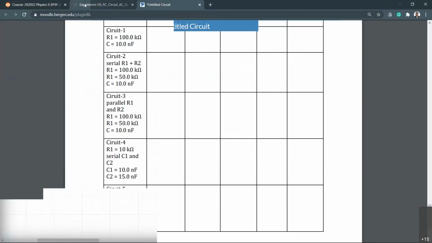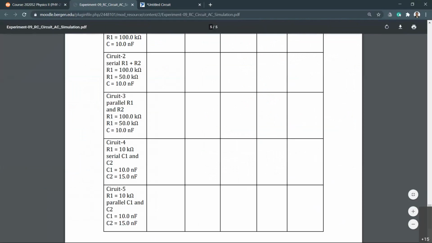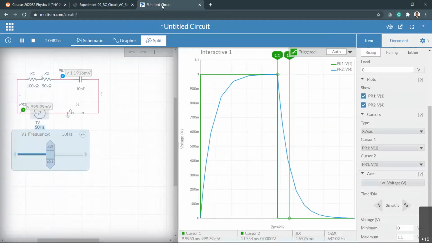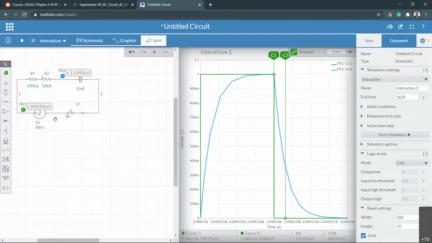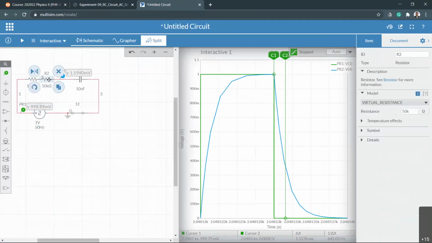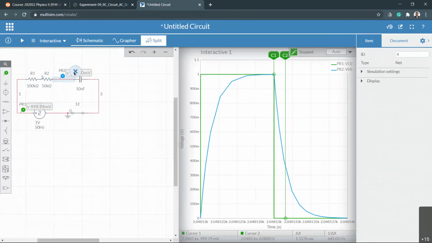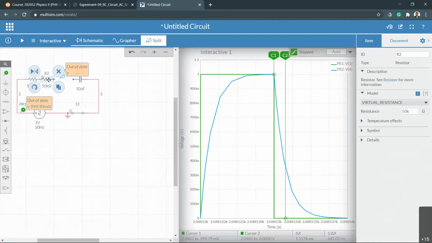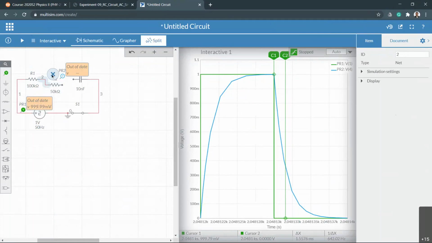Let's go to the circuit and build a new circuit. First you have to stop the simulator and break this part of the circuit, and also break the connection between these two resistors.